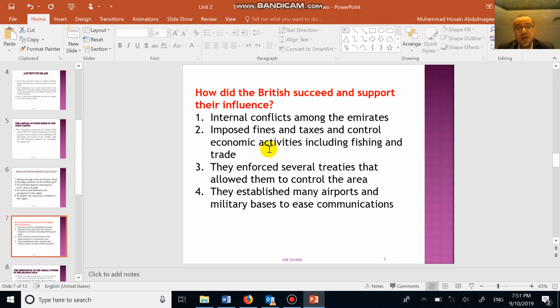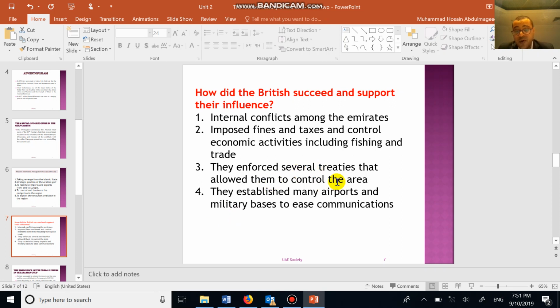Second, they imposed fines and taxes and controlled economic activities, including fishing and trading, of course because it's on the Hormuz Strait. There was fishing, pearls, and other resources I told you about, and copper. They made fines and taxes on the ships passing by, and on the people inside UAE. They had to pay money to do trading in other places.